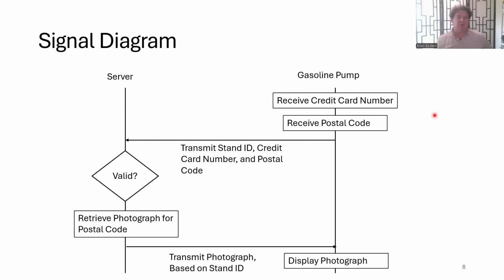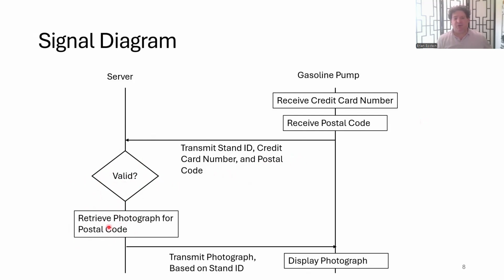This is very normal. The gasoline pump transmits an ID for the gasoline stand or pump, a credit card number, and the postal code, right? We have to know which gasoline stand to send the data to. The server determines whether the postal code is valid for the credit card number.